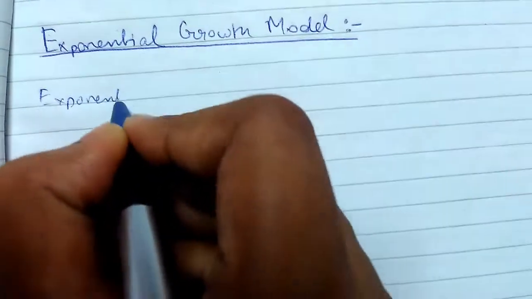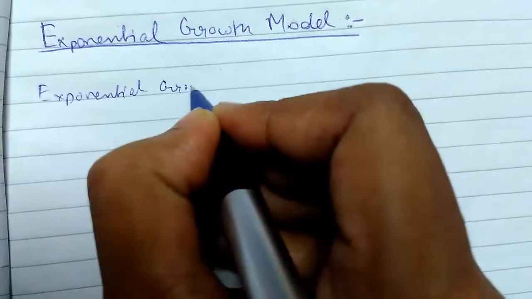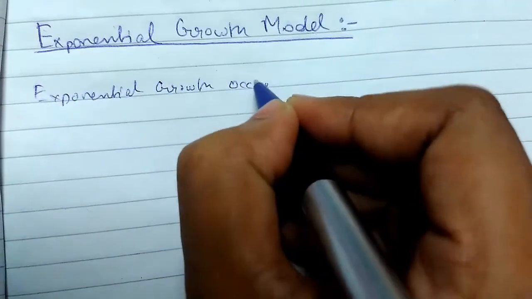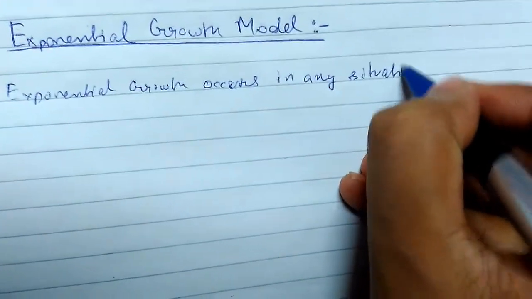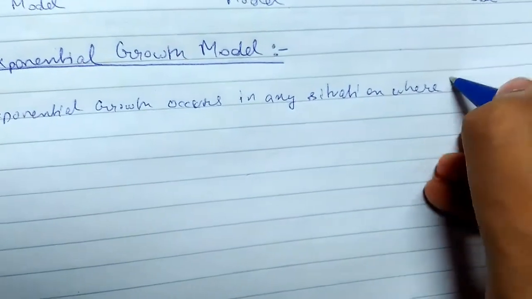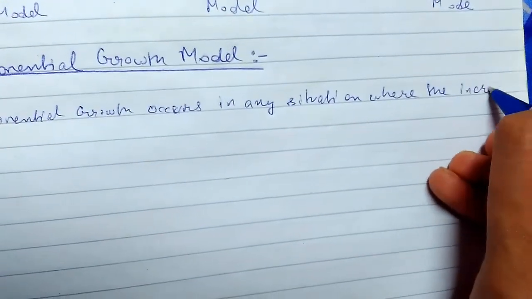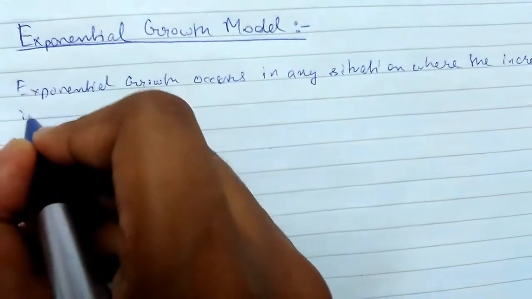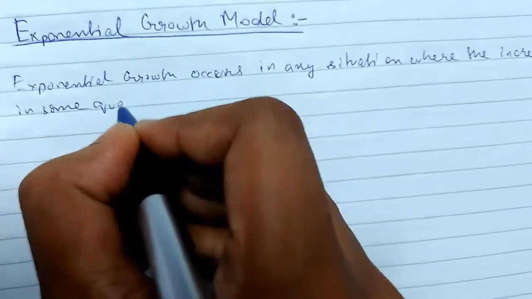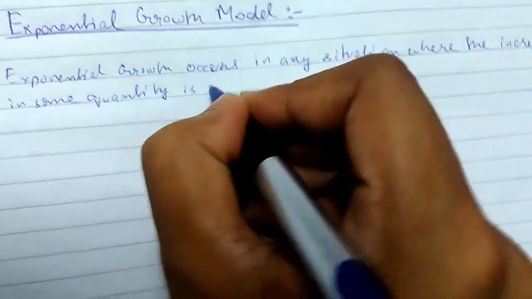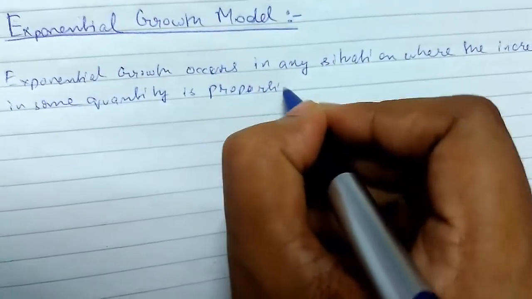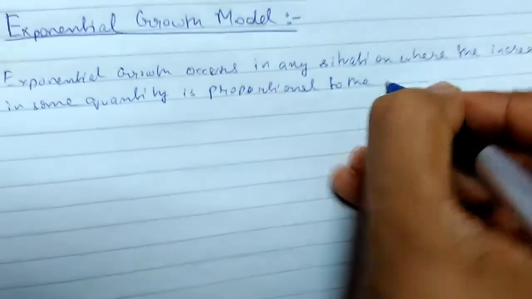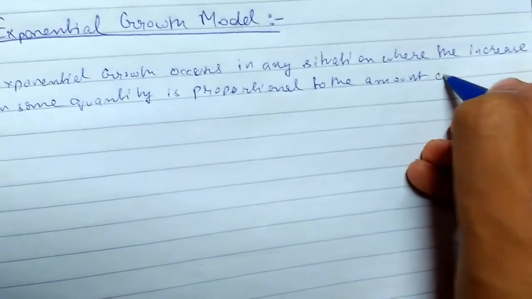So exponential growth occurs in any situation where the increase in some quantity is proportional to the amount currently present.